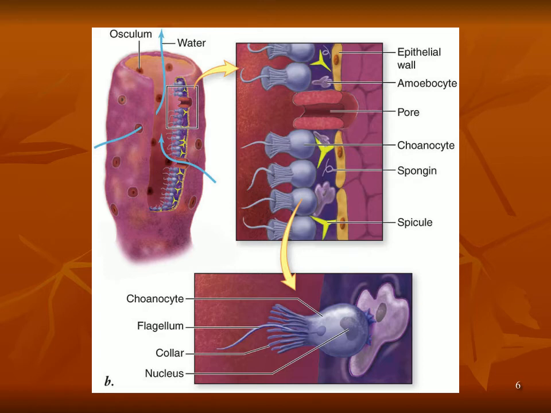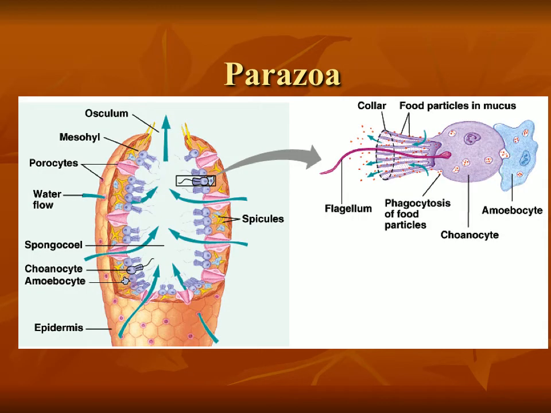And you can see the arrangement of those cells and the collar areas where the particles are trapped. And then they will pass food particles to other cells, to amoebocytes that roam through the mesohyl, and the pinacocytes, which are forming kind of an epithelial layer on the outer part of the sponge. So that's it. That's simple to them, and they're kind of cool.